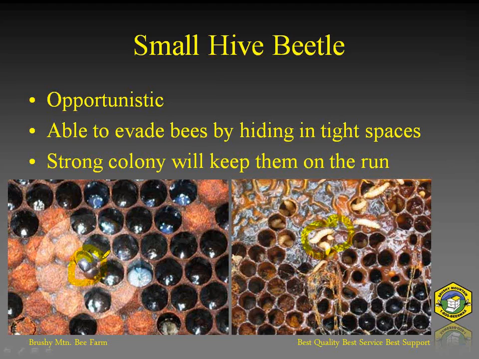And so they work their way out of the hive. They go down into the soil, they burrow down into the soil, and that's where they complete their life cycle and mature into the adult beetle. What Guard Star does is kill the larva in the soil. So you can use that outside the hive as a means to deal with small hive beetle.